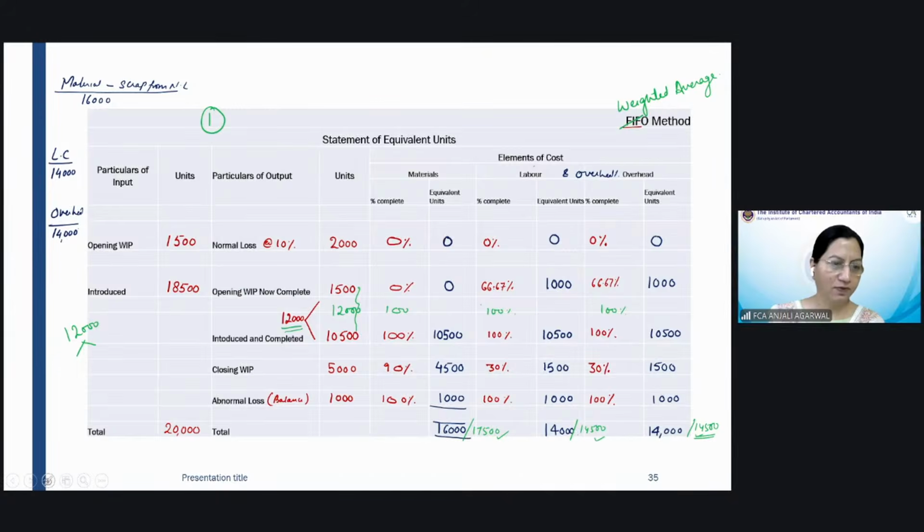But not to confuse you, just to tell you, in case it is weighted average, all that would change is that don't bifurcate this 12,000. Let it be just one. That's it. And make it 100% complete. Nothing else. Rest everything will follow automatically.